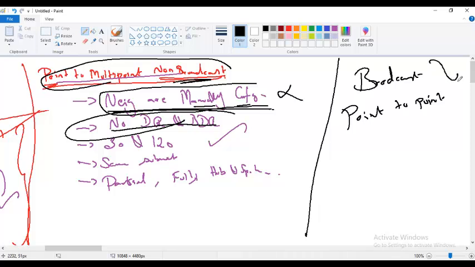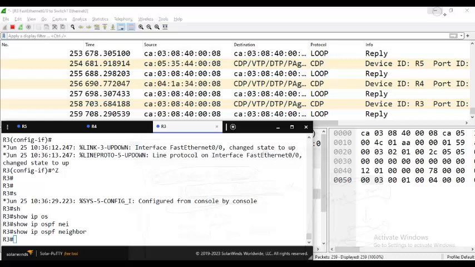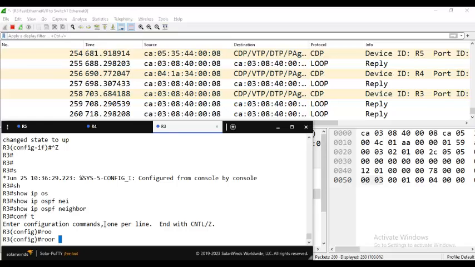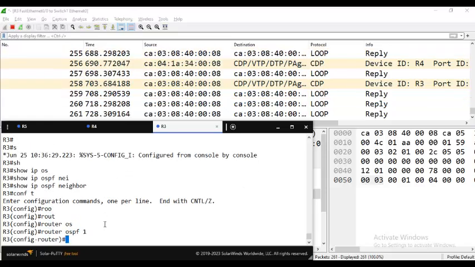Router OSPF 1, neighbor is 10.0.0.5, neighbor is 10.0.0.4. Router OSPF 1, neighbor is 10.0.0.4, neighbor is 10.0.0.3. Also on router 4, see ARP is going down.